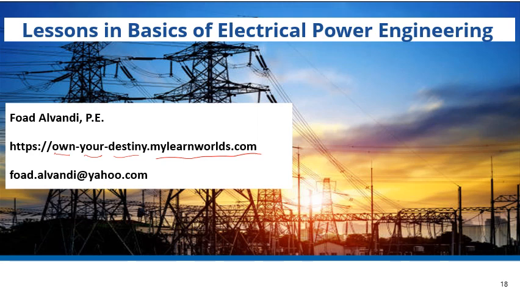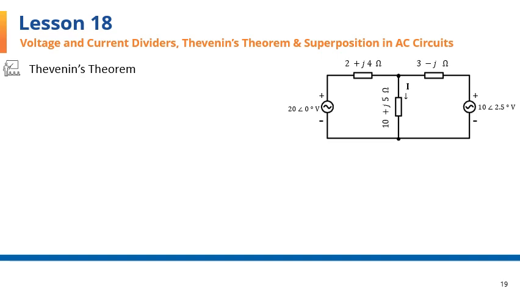I will now continue this lesson with the application of Thevenin's theorem to a sample impedance circuit. In the circuit on this page, let's assume that we are interested in finding the current that flows in the center impedance.